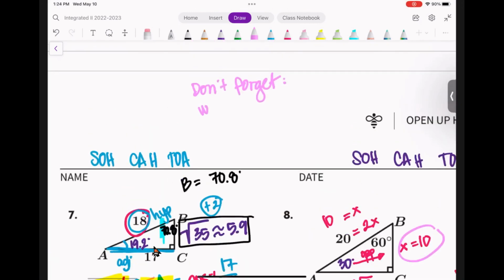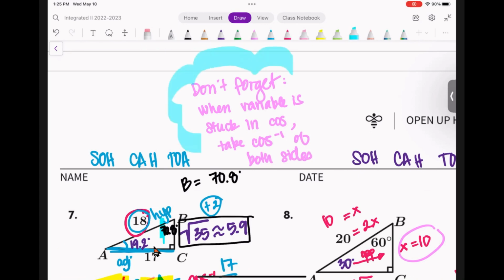So when the variable is stuck in cosine, and you could similarly talk about sine or whatever, when it is stuck in cosine, take cosine inverse of both sides. So this is my little note to myself.